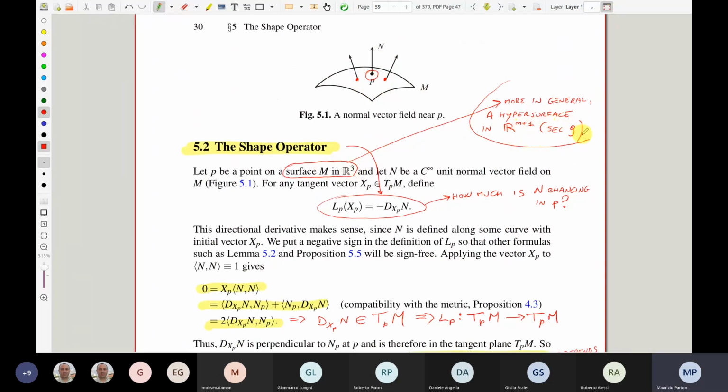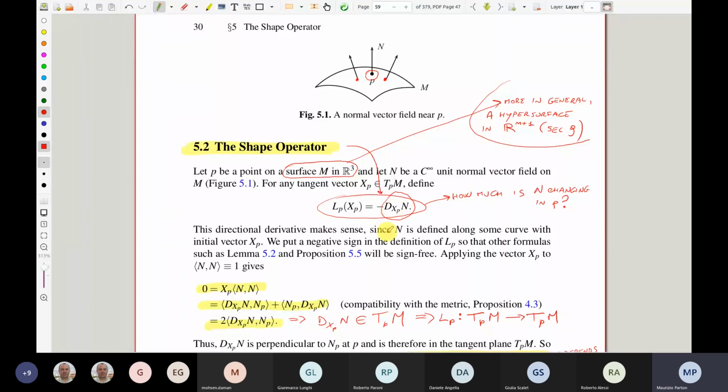This will be the topic of the section 9, okay? But starting from now, just think about it. This chapter is just for surfaces in R3. But I mean, it's useful if you can always think also to the general case. Okay, so chapter 9 will be almost already done when we arrive there. And okay, so we want to see how much the normal versor is changing in the direction of xp. Okay, so we take the derivative.